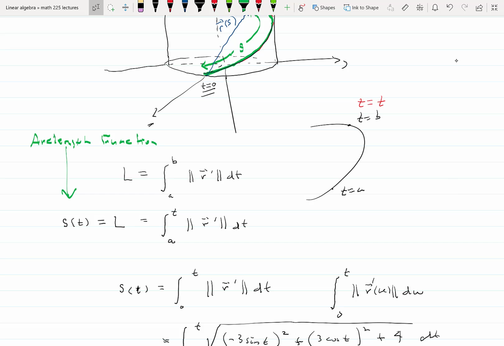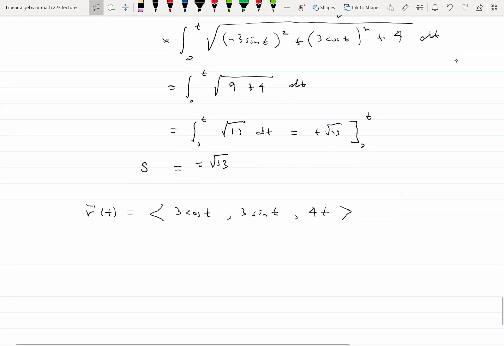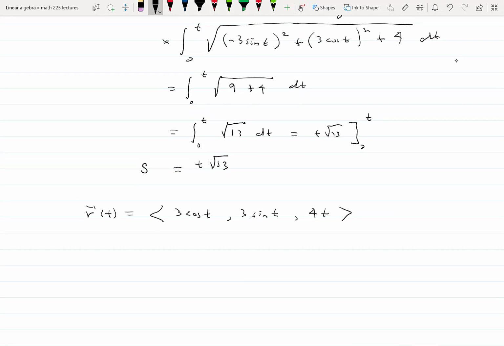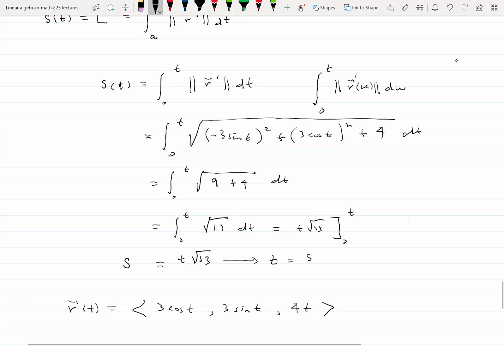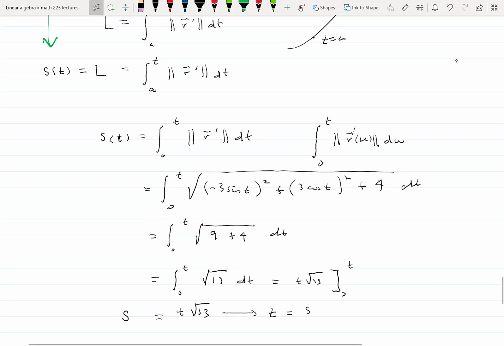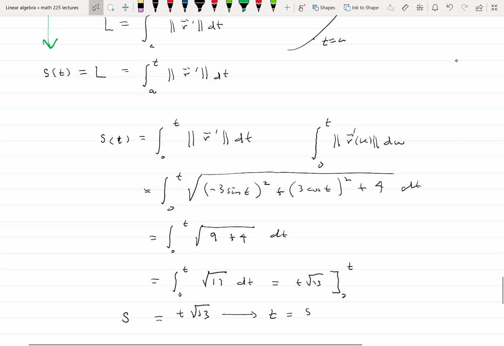I can do that now. Since s equals t times the square root of 13, I can solve for t, and that gives me t equals s over, you know what? I think I made a mistake, and you probably caught it, because it's a pretty obvious mistake.